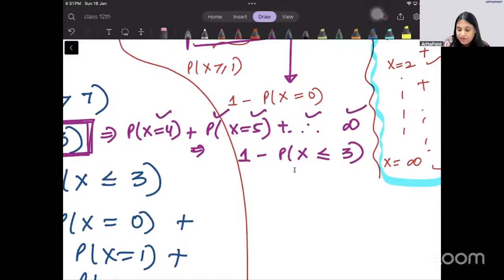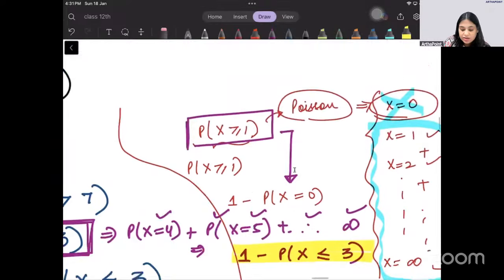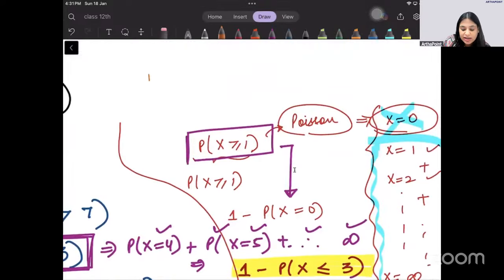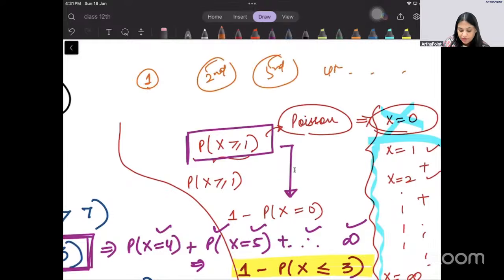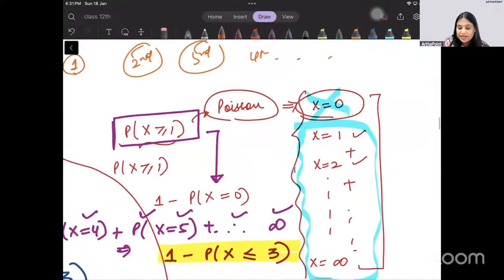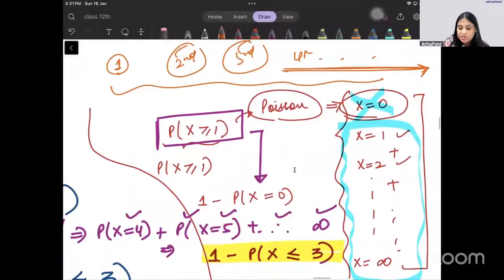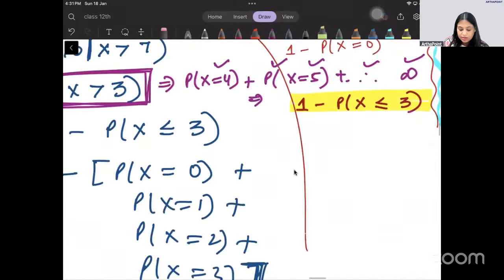So up to 3 we can subtract from 1, right? I can clear the interview in the first chance, in the second interview, in the third, in the fourth, and so on. So when I say probability x greater than 3, I am clearing from the fourth onwards. The total probability is 1. So if I subtract these, I get that. That is what has been done here.